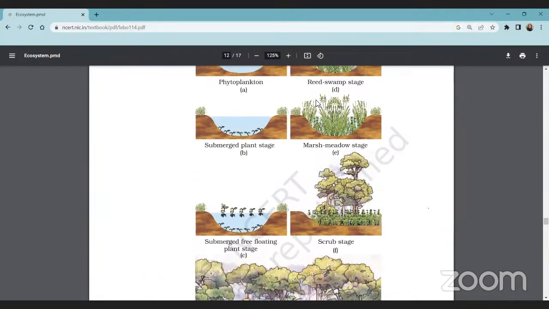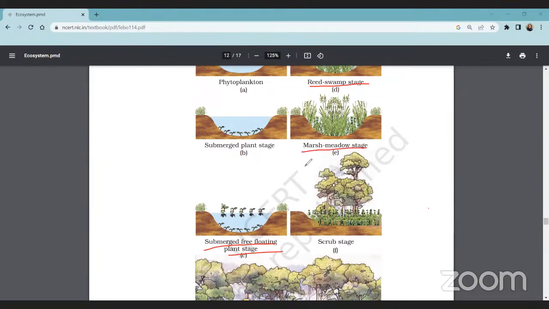Here is the reed swamp stage. It begins with the phytoplankton stage. Phytoplanktons are there, and next they develop into a submerged plant stage, and then they are converted into a submerged free floating plant stage. Next they are converted into the reed swamp stage, and later in that area they form a marsh meadow stage.